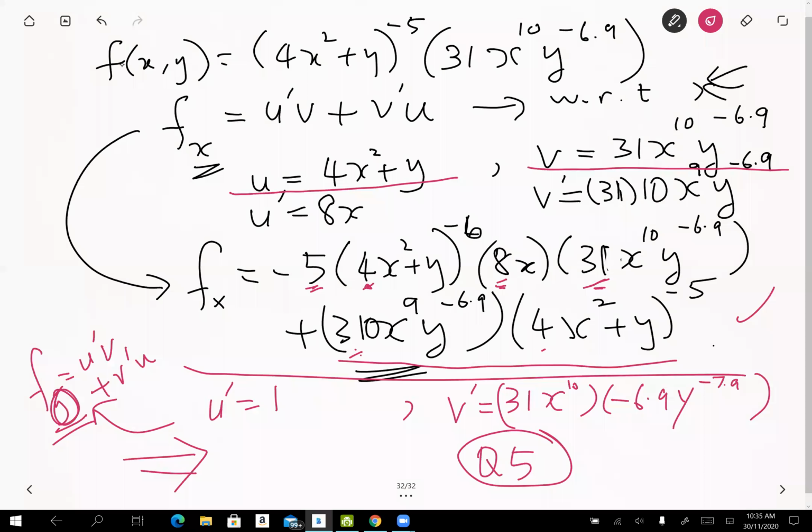Okay, got it? So you have U over V. So apply the formula.